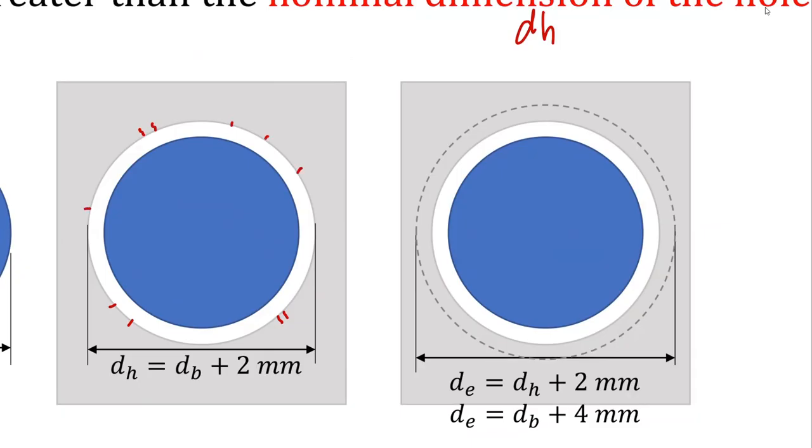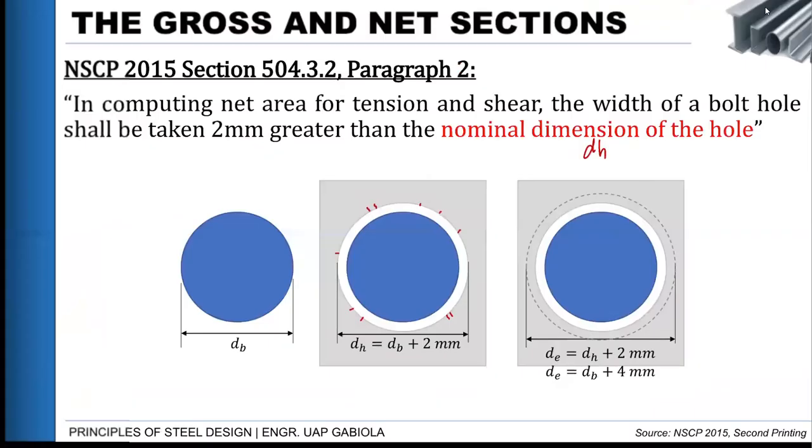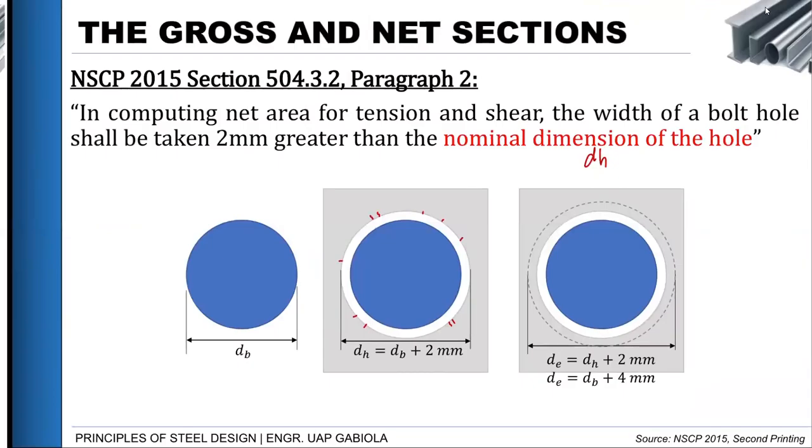So to consider the possible effect of these cracks dun sa mismong capacity ng section natin, sabi niya, mag-add pa tayo ng additional allowance sa kanya. Another 2 mm or in English, another 1/16. Okay? So another 1/16 ng inch. Okay? So, kaya yung pangatlo natin, that is effective bolt diameter.